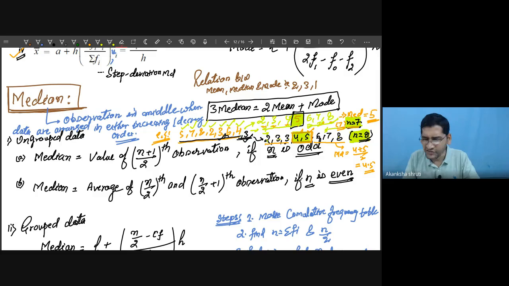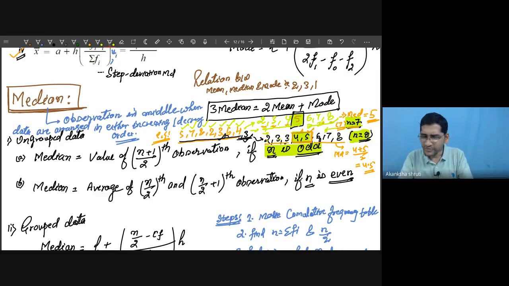Entire approach gets changed. So if the number of observations is odd, at that time how is the middle data obtained? This 7 is this one. Which data is the middle data for the 7 observations? The data at the 4th place from the beginning, or the 4th place from the end.